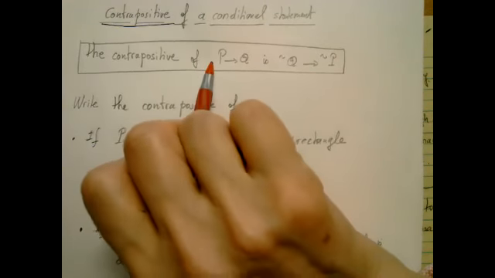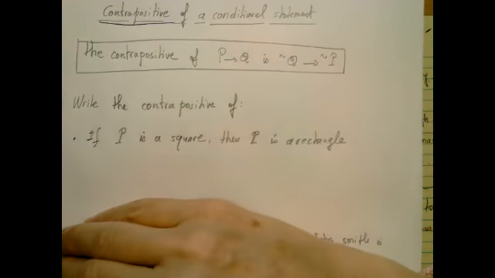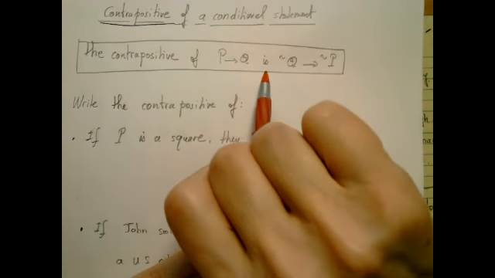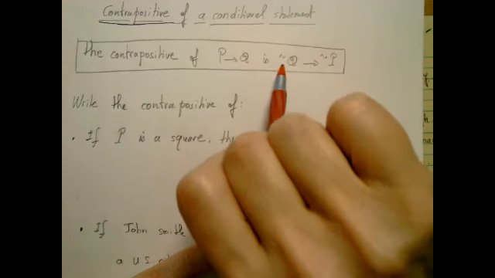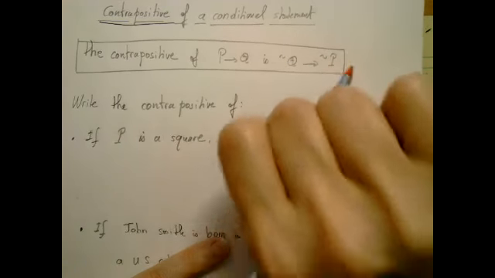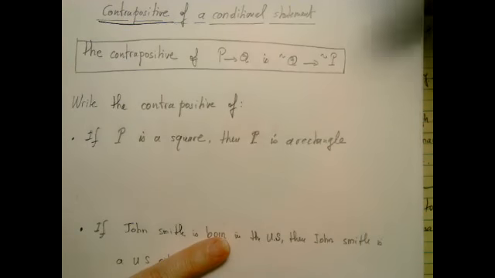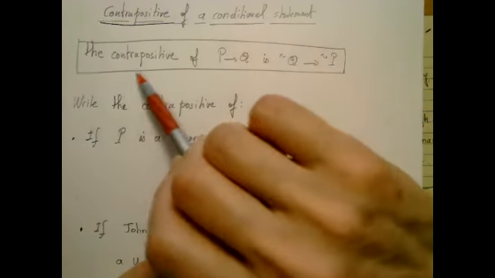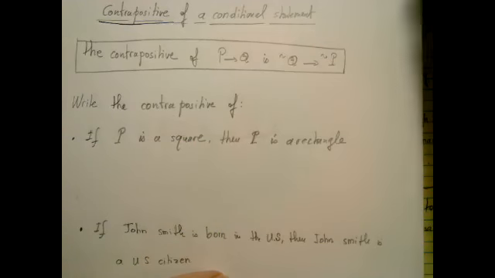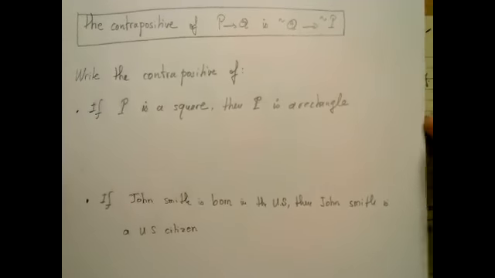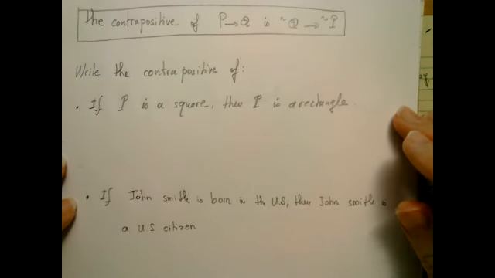If you have a conditional statement, if P then Q, the contrapositive is if non-Q, then non-P. So that's the definition. It has nothing to do with the negation. We're not negating. So we're going to write the contrapositive of a statement and then talk about them.